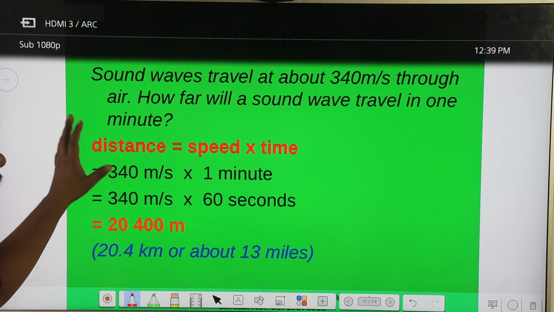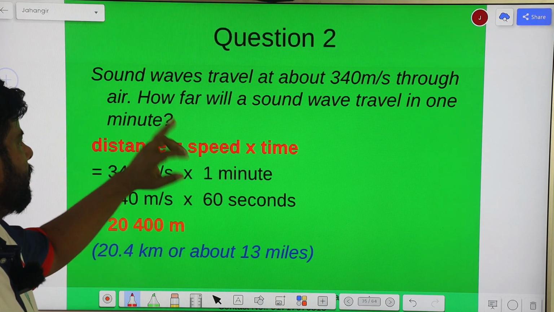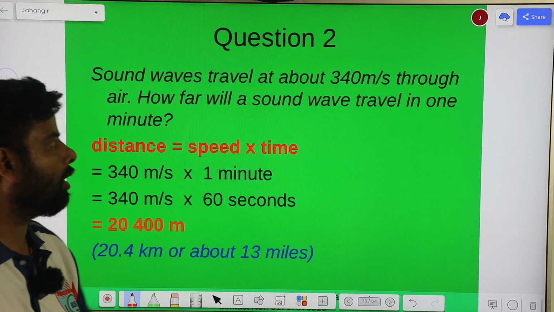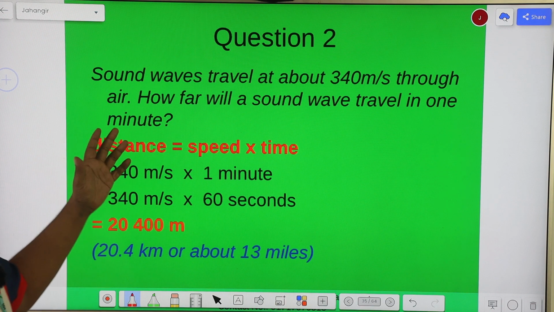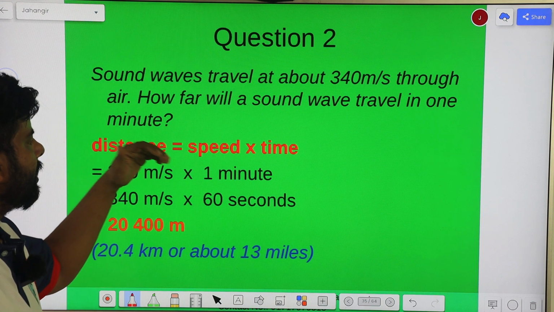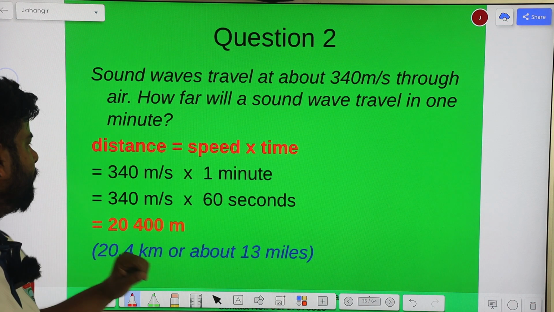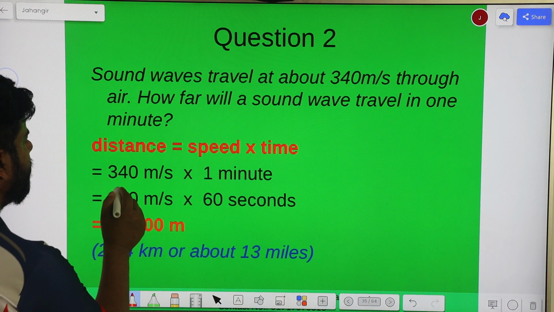Sound waves travel at about 340 meter per second through air. How far will a sound wave travel in 1 minute? We know speed equals distance divided by time taken, so distance equals speed times time.